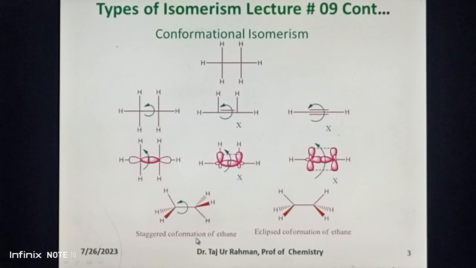This is the staggered conformation of ethane, and this one is the eclipsed conformation of ethane. In the staggered conformation of ethane, the carbon-hydrogen bonds on both carbons are far apart from one another, while in the eclipsed conformation of ethane, the carbon-hydrogen bonds on both carbons are parallel to each other.